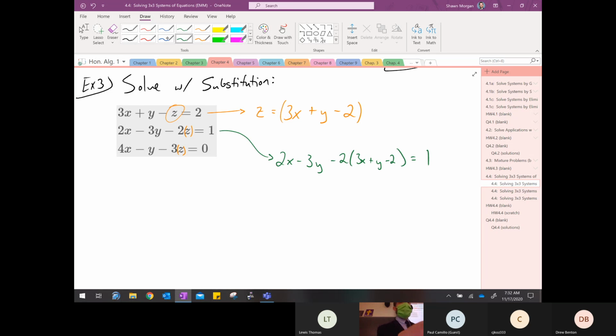And then if I come over here in blue, I'll do the third one in blue, right? And I say, all right, well, this one is 4x minus y minus 3, not 3z, but 3 times what? 3x plus y minus 2. Now, I've got that 2x2 system. I got 2 equations in terms of 2 variables. All right? I just need to clean them up a little bit.